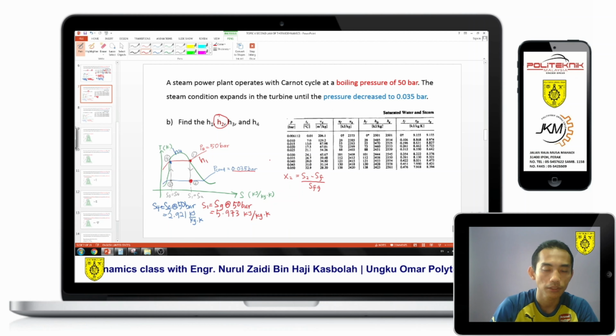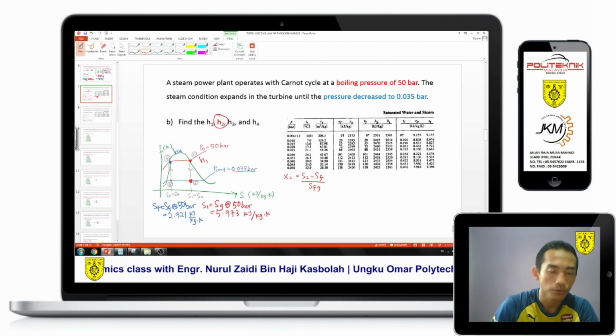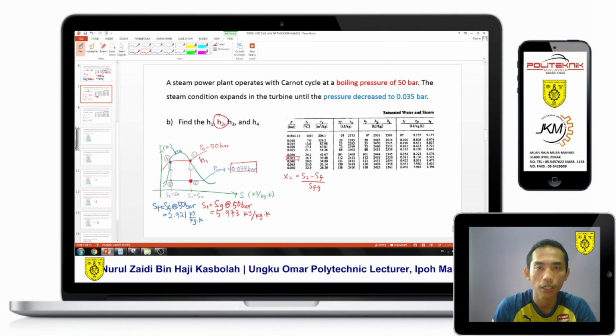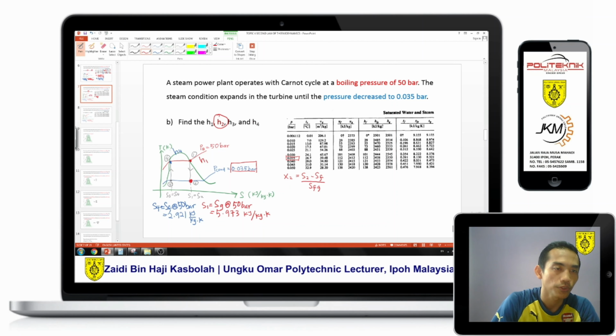But remember, at point number 2 the pressure is 0.035 bar. So we must find the values at 0.035 bar.